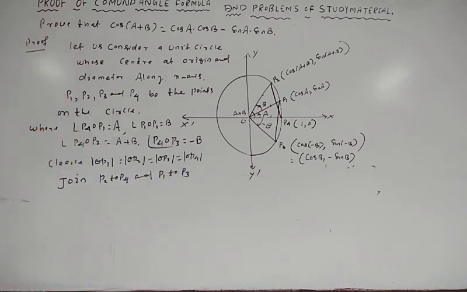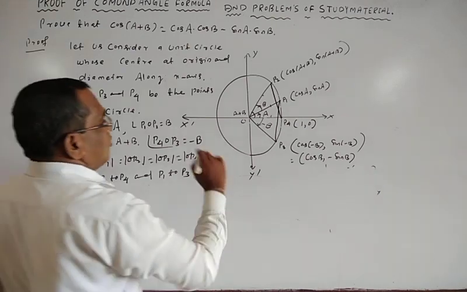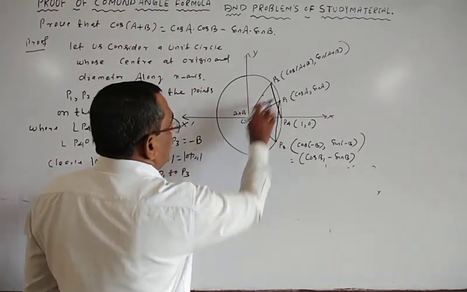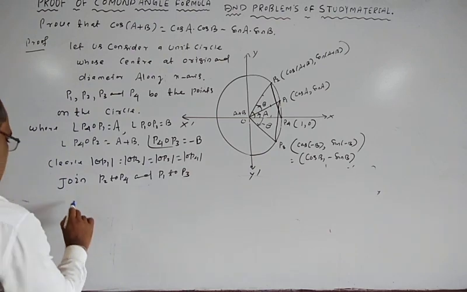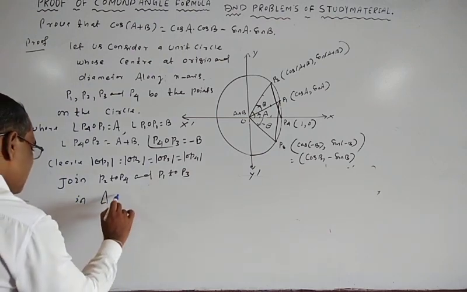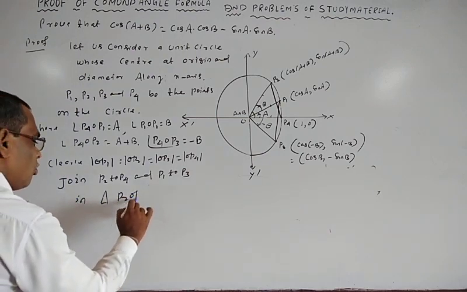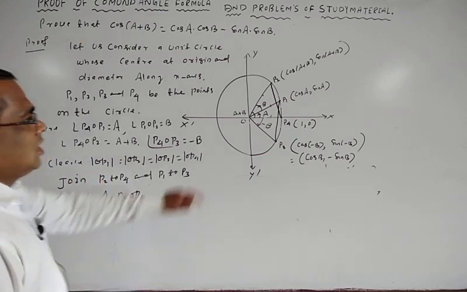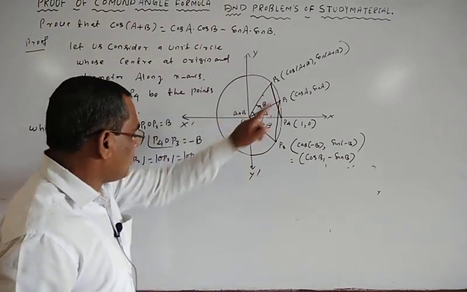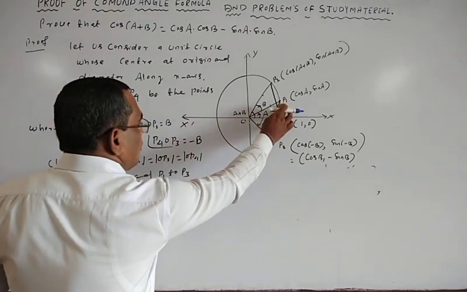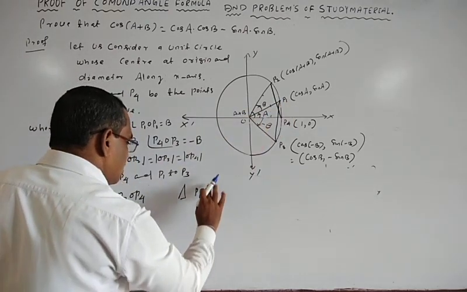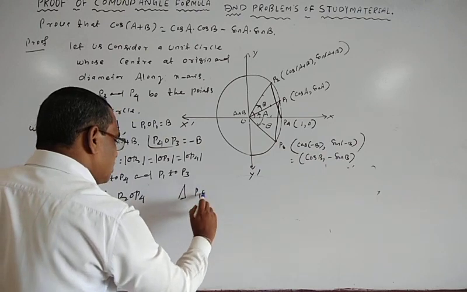Okay, so joining these two pairs of points, we will get two triangles. Which triangles? Triangle P2 O P4 and triangle P1 O P3.